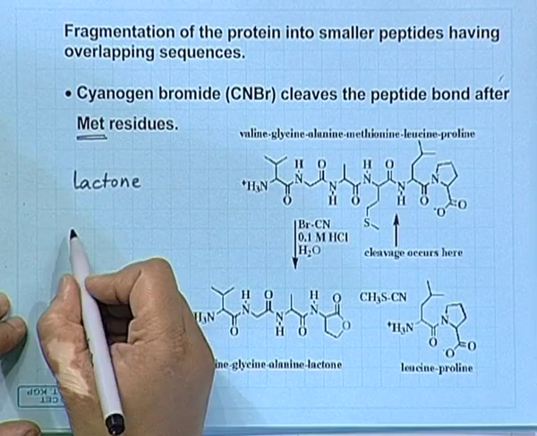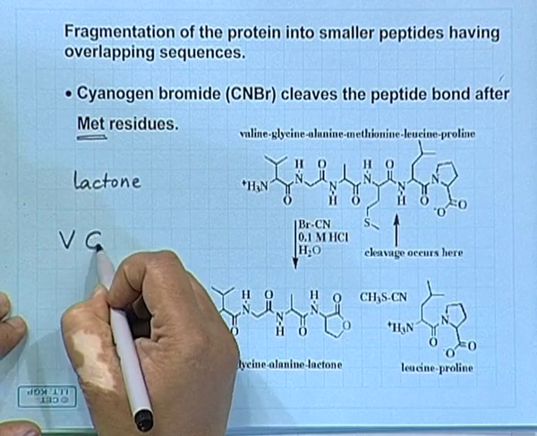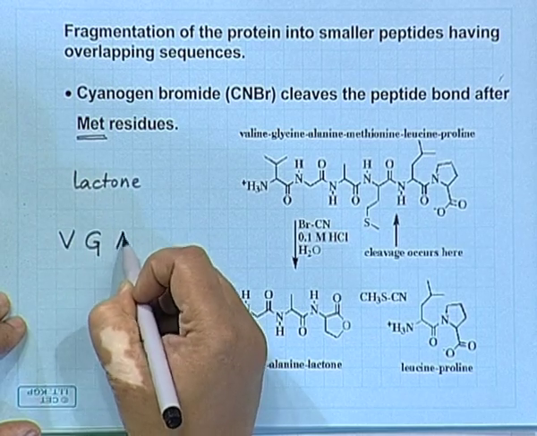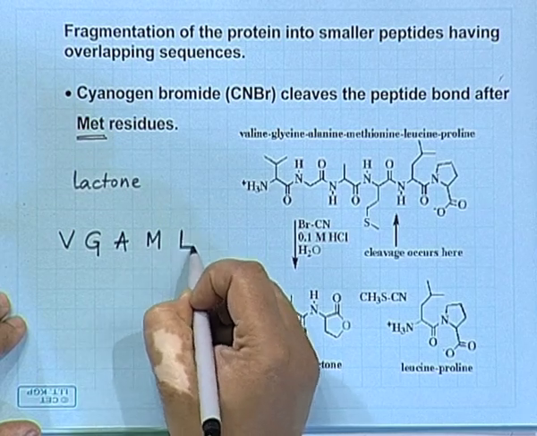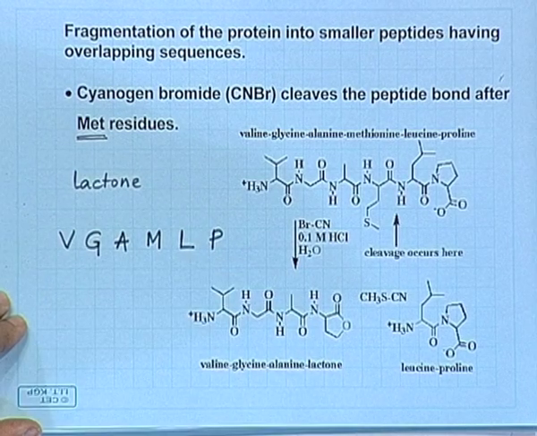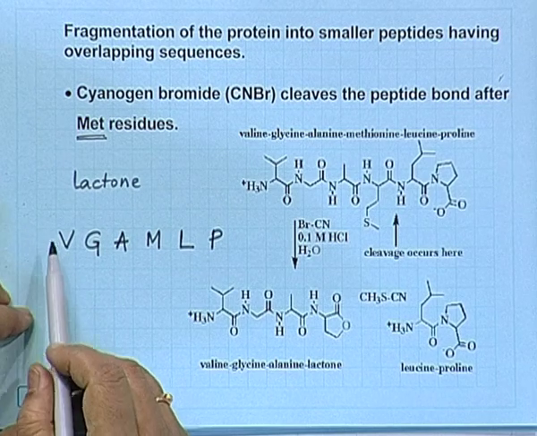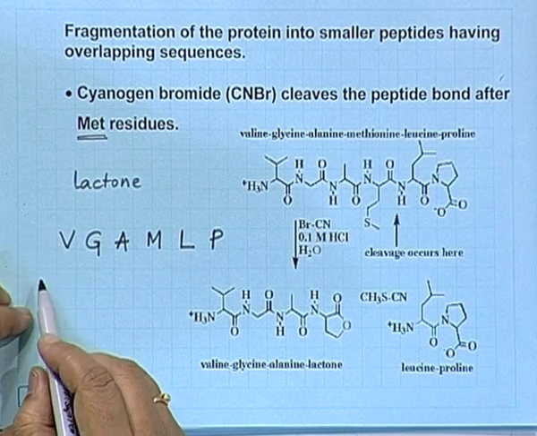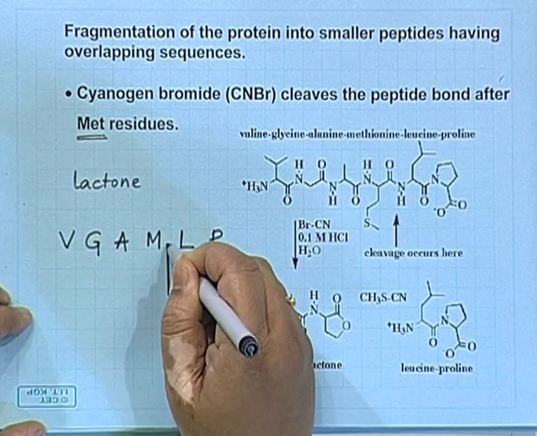It means that if you had a valine and a glycine followed by an alanine, a methionine, a leucine and a proline, then if you treated this with cyanogen bromide, you would have a cleavage at this point here.